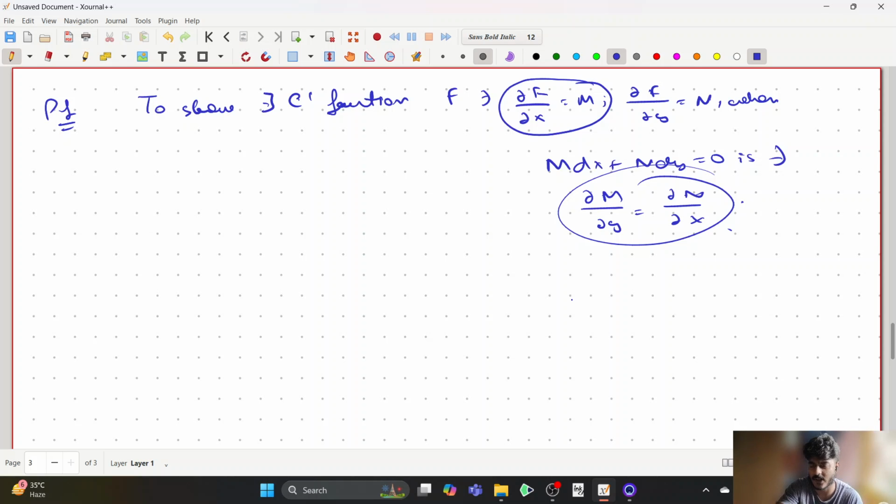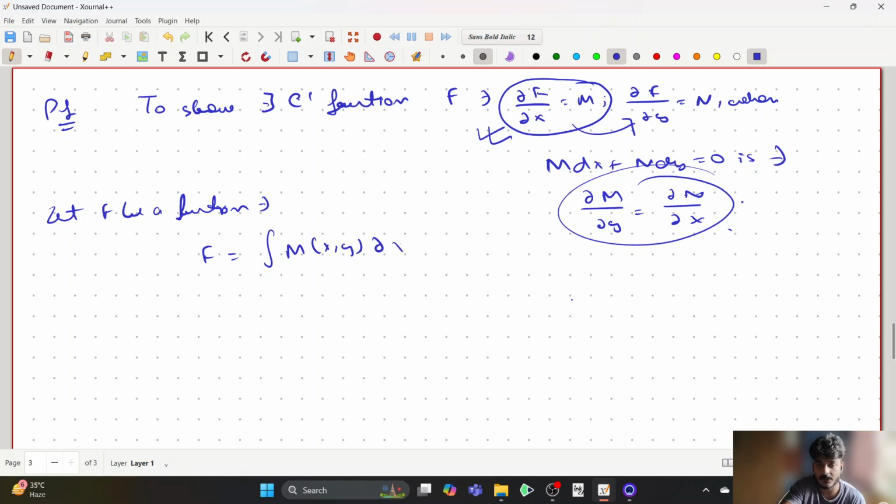I can get hold of such a function such that it satisfies only this much of the equation, and using that we will try and construct, or rather modify, the function in such a way that it also satisfies this property. Directly talking about a function which satisfies both of these properties is not possible at this point, but we can talk about a function which satisfies one of the properties. So let f be a function such that f can be written as the integration of m(x,y) partially with respect to x, and in that case I will have a constant of integration which should be independent of x and purely a function of y.